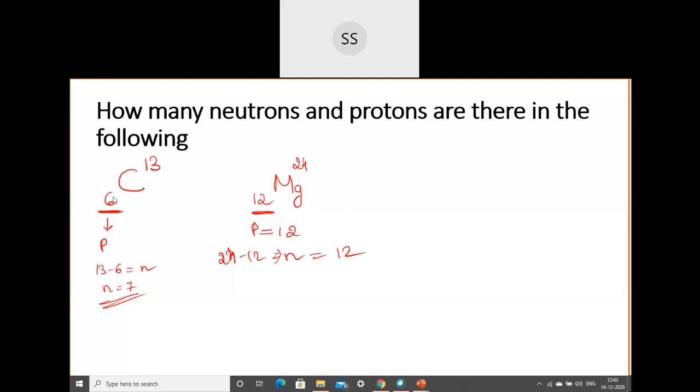Other than that, for other elements, if they have to show you the representation, they will give you the number of protons and this ratio, okay, if it is higher. But at least 20 you remember. So now your next job is, I am giving you the atomic number and the mass number. You have to tell me now which element is this. Just tell me the element name. You know how to write that, you will be able to represent, no? A should come first above and Z should come below.